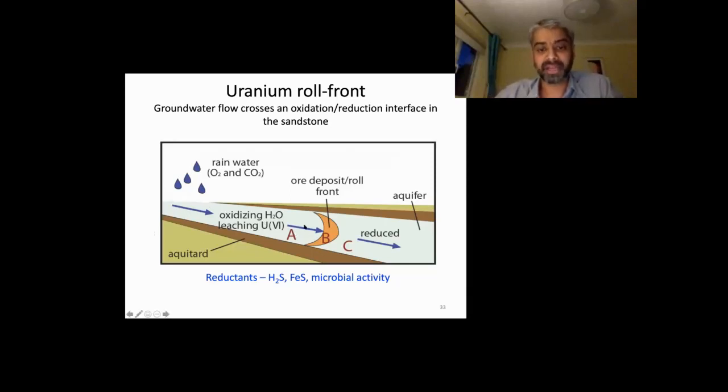If you have an aquifer where there is a redox front, where oxidizing conditions become reducing conditions progressively, and you have a granitic source where uranium is being leached from and transported by the groundwater, once dissolved uranium-6 hits this redox front, it's reduced, and uranium-4 is precipitated. Usually the reductants are either hydrogen sulfide gas or iron sulfide or microbial biofilms, but that's how uranium deposits are formed over millions of years.